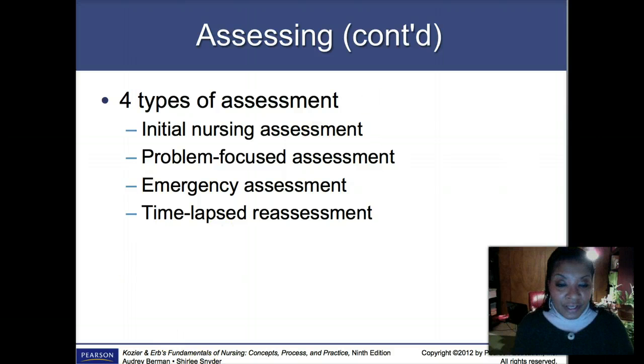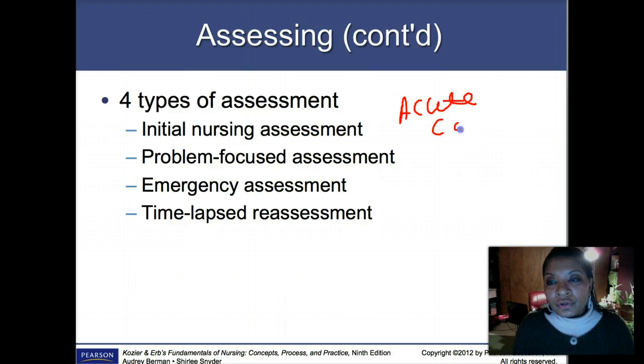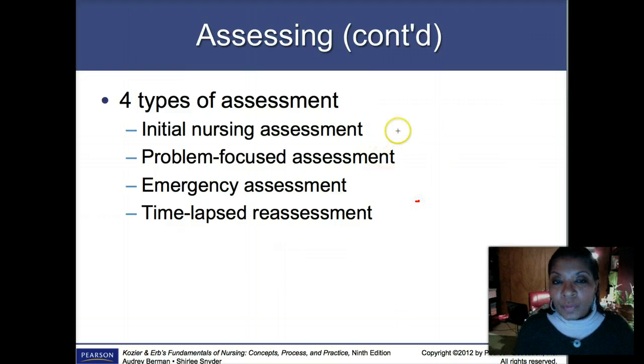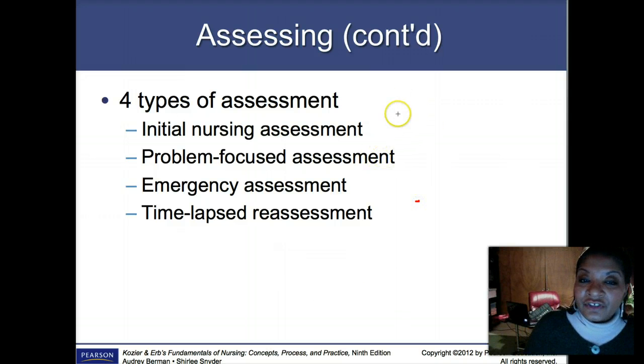You might work in acute care, in a nursing home, or in a clinic. So where you work might determine the level or the kind of assessment that you are going to do.